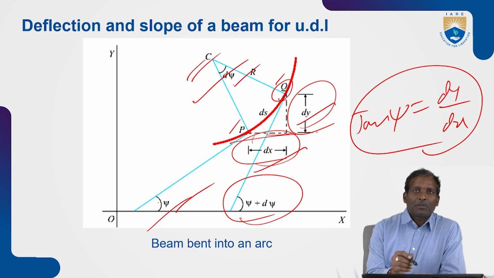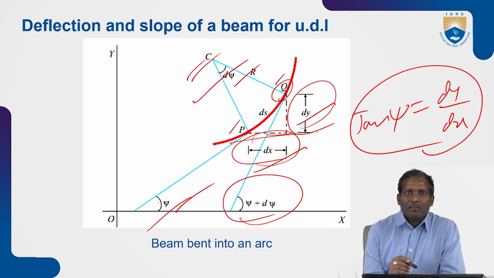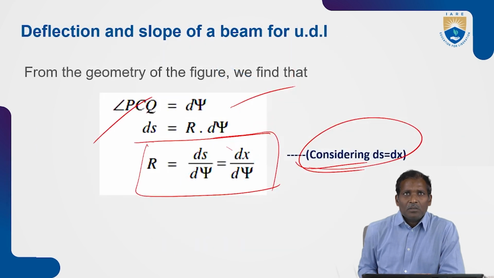The deflection position and the slope have shifted. So the angle PCQ is equal to d psi, and ds is equal to r into d psi.